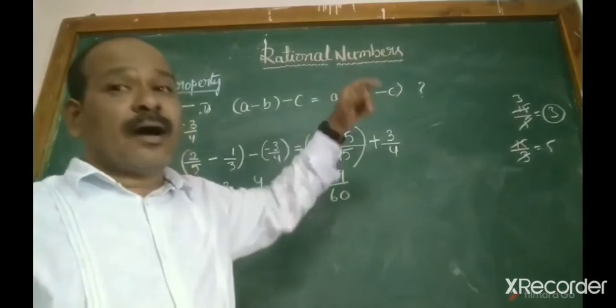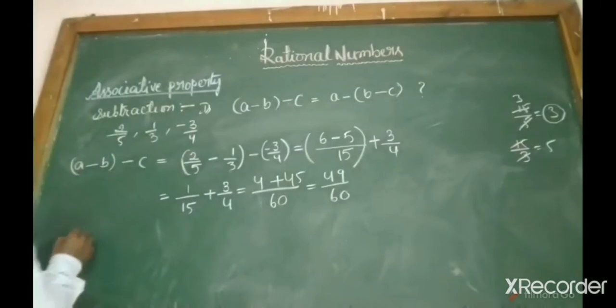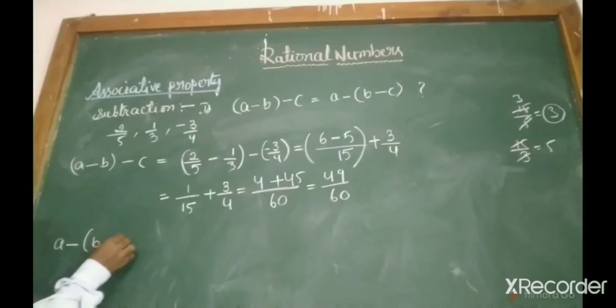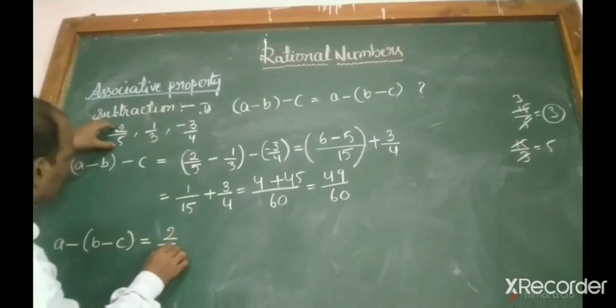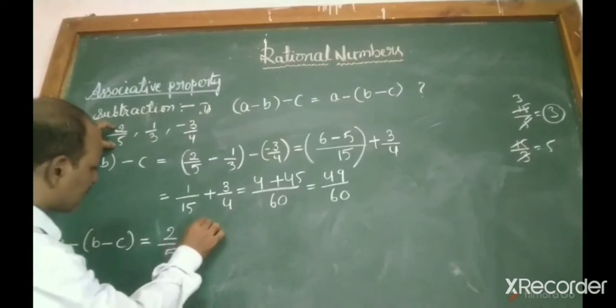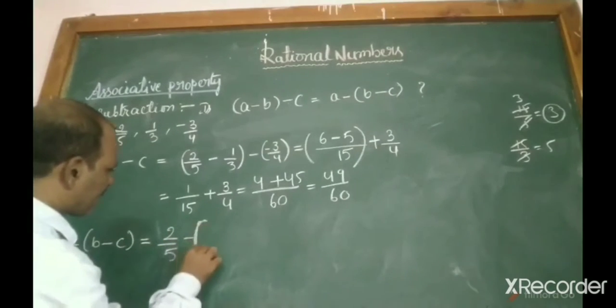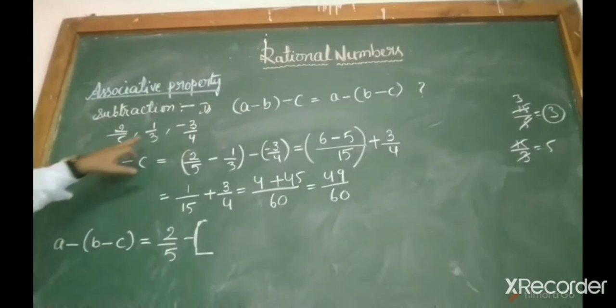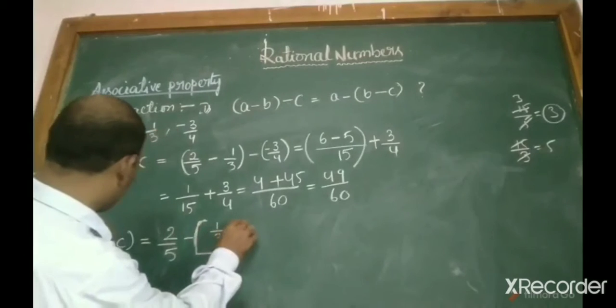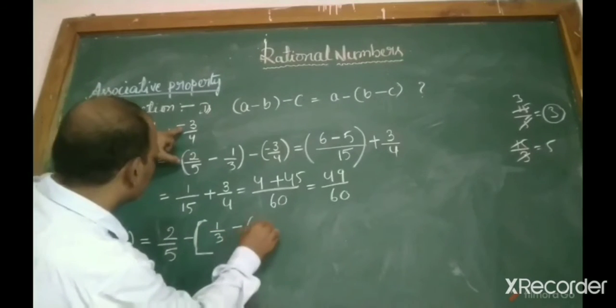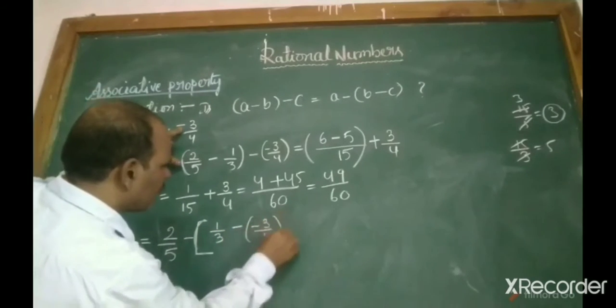Now let us check for RHS. 2 by 5 minus, bracket B, 1 by 3 minus another minus bracket of minus 3 by 4.